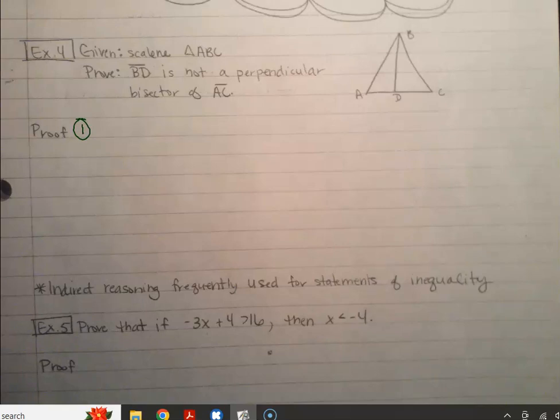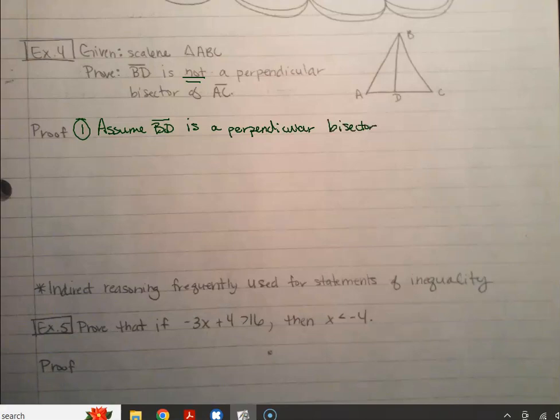Since it says BD is not a perpendicular bisector of AC, we want to assume BD, segment BD, is a perpendicular bisector of segment AC. All right, so now we're ready for the step 2 stuff.